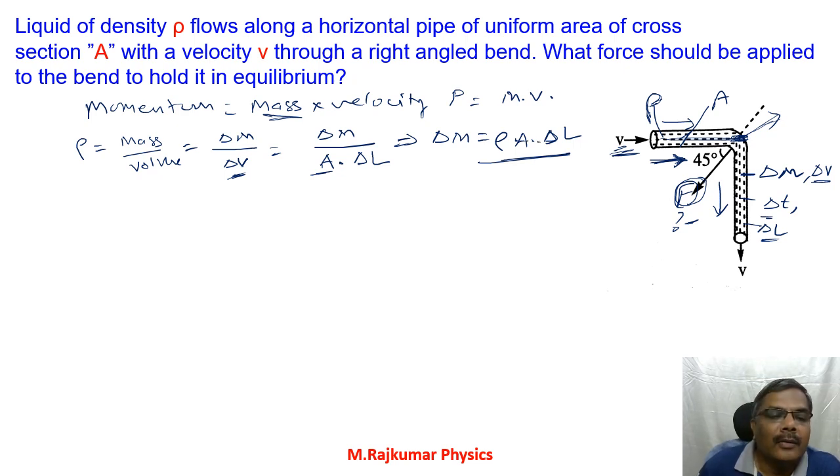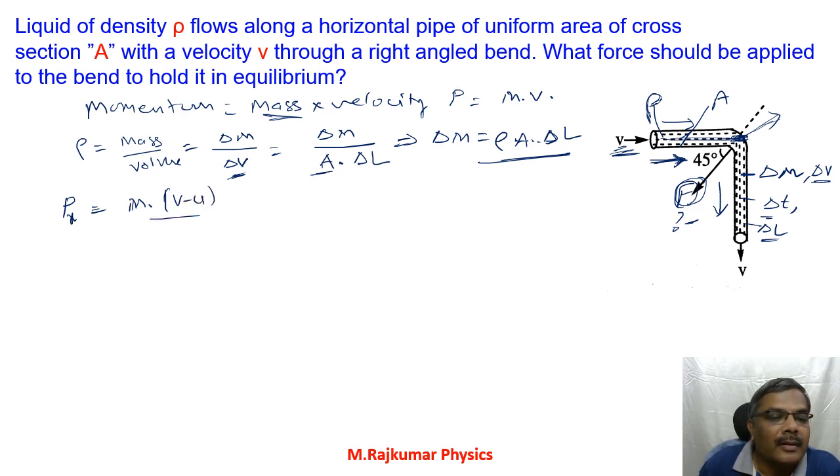Now I have to find out the momentum, along the x-axis and y-axis. So momentum along the x-axis, Px, will be equal to mass of the liquid into change in velocity, final velocity minus initial velocity.